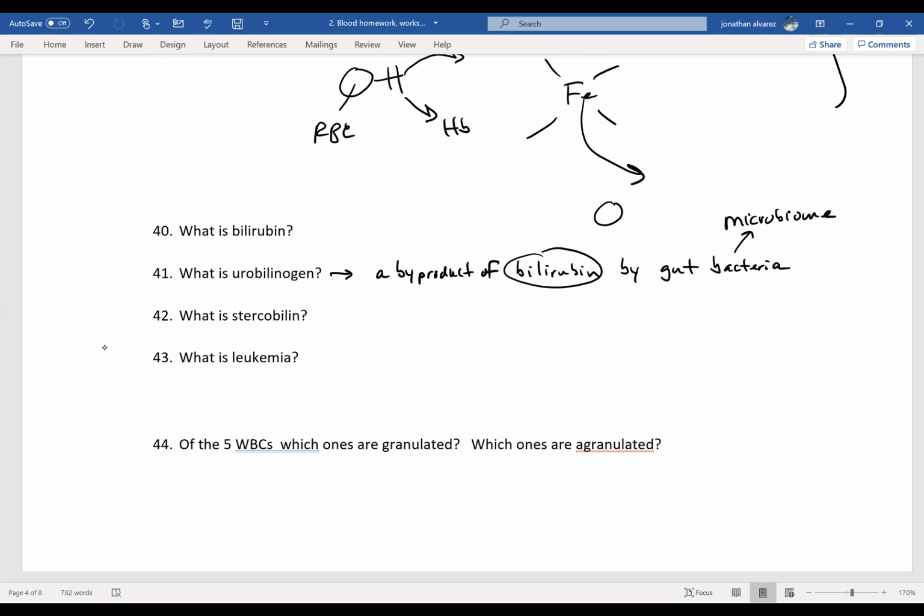Some components of this breakdown are recycled, and some components you get rid of. For example, you poop it out or you can pee it out. That's one of the ways our body detoxes, right? We can sweat things out and we use the bathroom just to get rid of stuff.